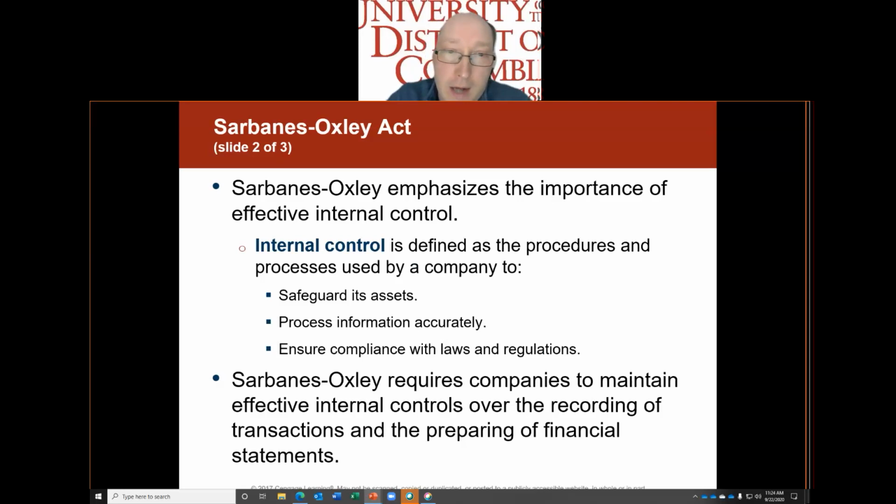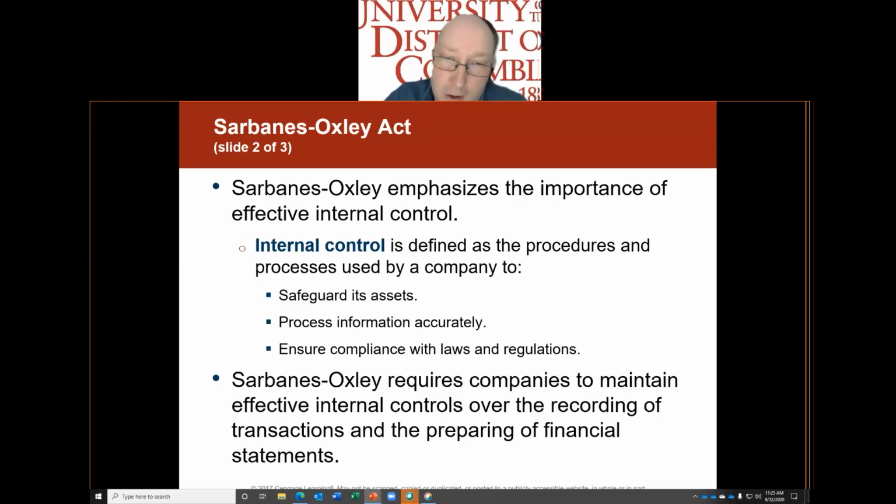The Sarbanes-Oxley Act was designed to be a system of internal controls to emphasize a company's internal control process. Internal controls are the processes and procedures companies use to safeguard assets, process information accurately, and ensure compliance with laws and regulations.